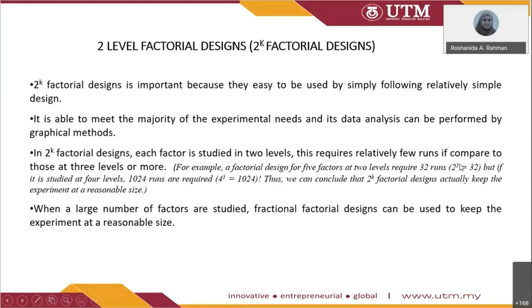You can have 2 power of 5 minus 1. So instead of 32 runs, you will have 2 power of 4, which is only 16 runs. Okay? So if you're using factorial design for your screening process, you can reduce the number of your experiments a lot. That is another advantage of factorial design. Okay? But that is only for a screening process.